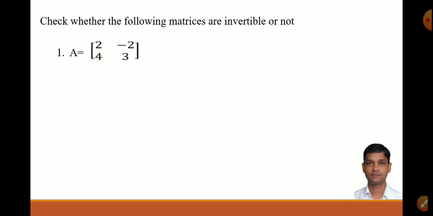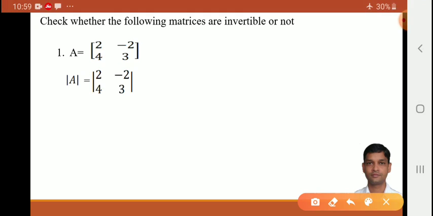So for this, you are given one matrix, and you have to check whether it is invertible or not. First find the determinant of that matrix. Determinant of A, determinant means two standing lines. So determinant of A is equal to, write the determinant like this, then calculate.